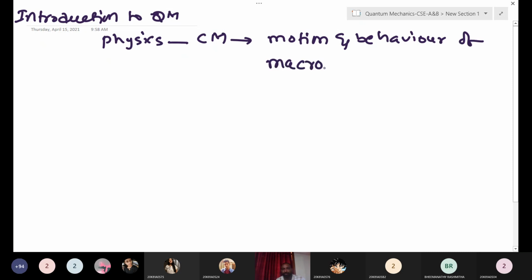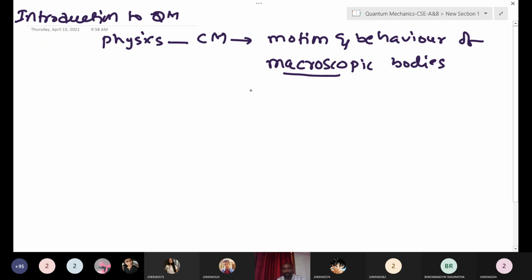Suppose you are going on a bike: how much speed, what is the nature of the motion, how it is moving, its speed, acceleration or trajectory, you can study using classical mechanics. Macroscopic means objects we can see with human eyes.